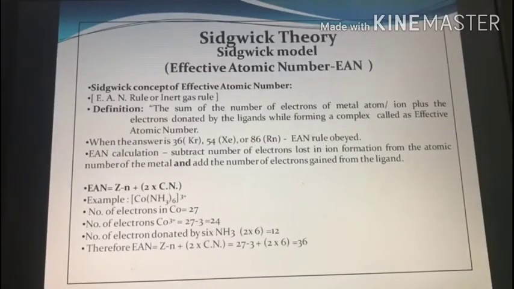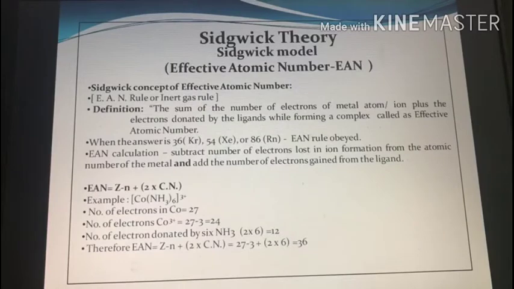And when it matches with krypton, xenon, radon, it is said to be obeying the effective atomic number rule. Let us see the calculation of effective atomic number. The formula for the calculation of effective atomic number is Z minus N plus 2 into coordination number.